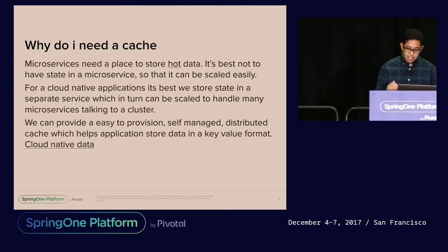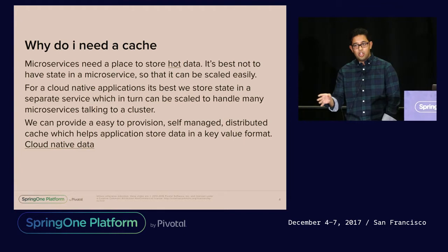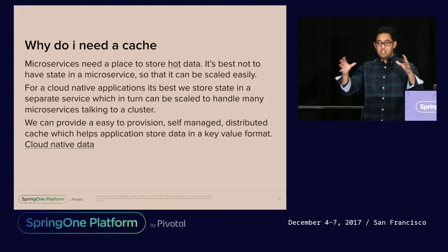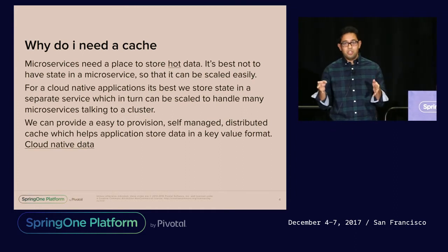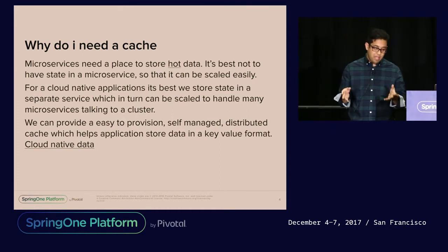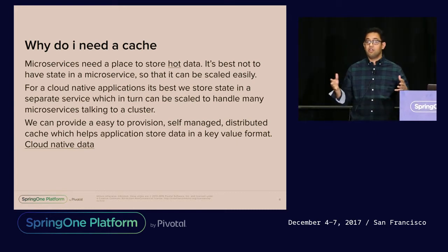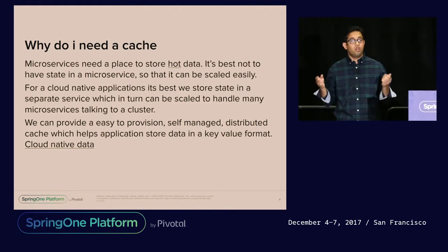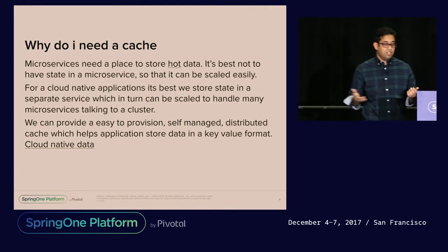The key thing is for you to keep focusing on the application that you're developing. Whatever other services you're using need to be easy to provision, as self-managed as they can be, and distributed so that you can horizontally scale depending on what kind of load you get on your application.